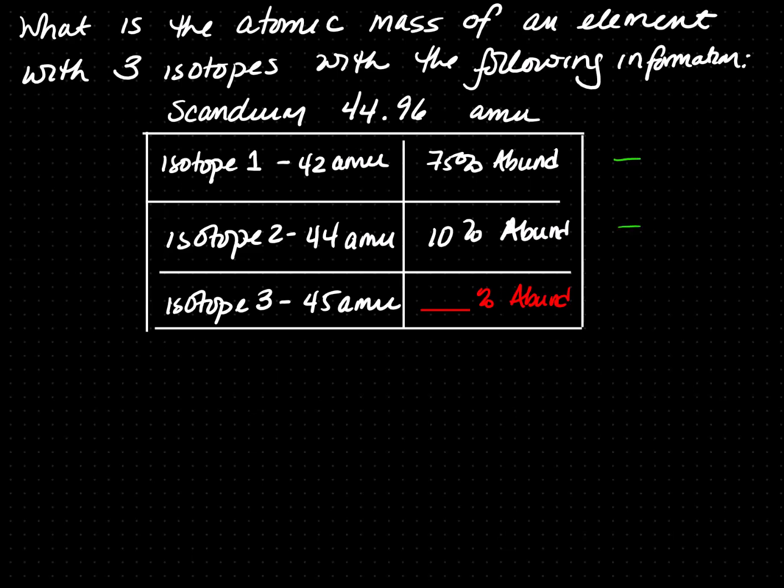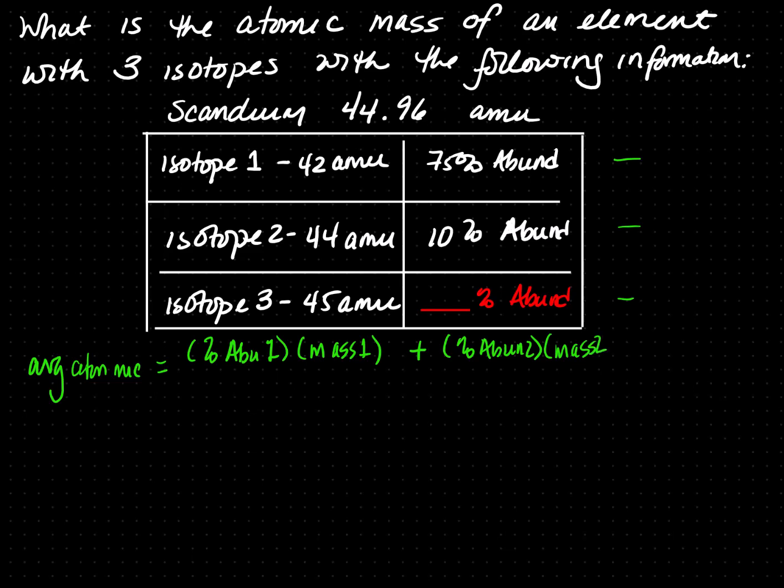So my formula is going to be average atomic mass equals percent abundance of 1 times the mass of isotope 1 plus percent abundance of 2 times the mass of 2 plus percent abundance of 3 times mass of 3, divided by 100.